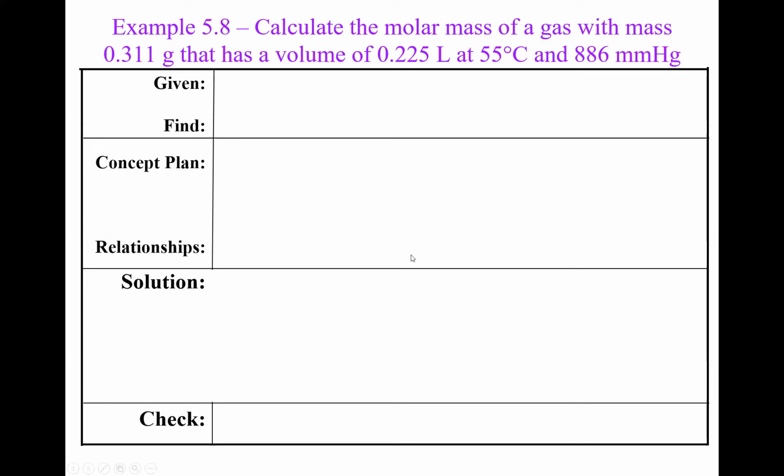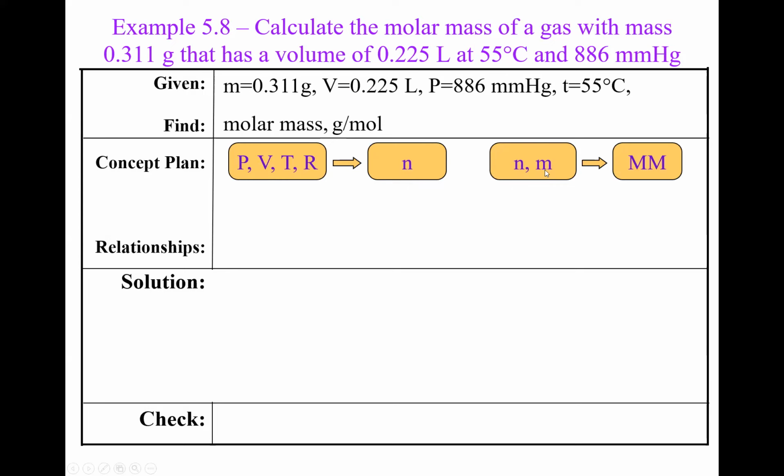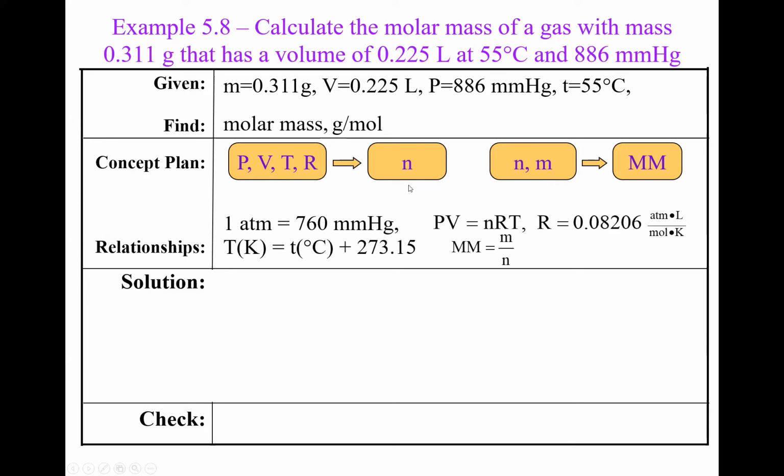Calculate the molar mass of a gas with a mass of 0.311 grams that has a volume of 0.225 liters, and it tells you the temperature and the pressure. So there's everything that we were given. We know what we're looking for. We've got our ideal gas law. We want to get to n, and then once we have the number of moles, we can come up with the molar mass.